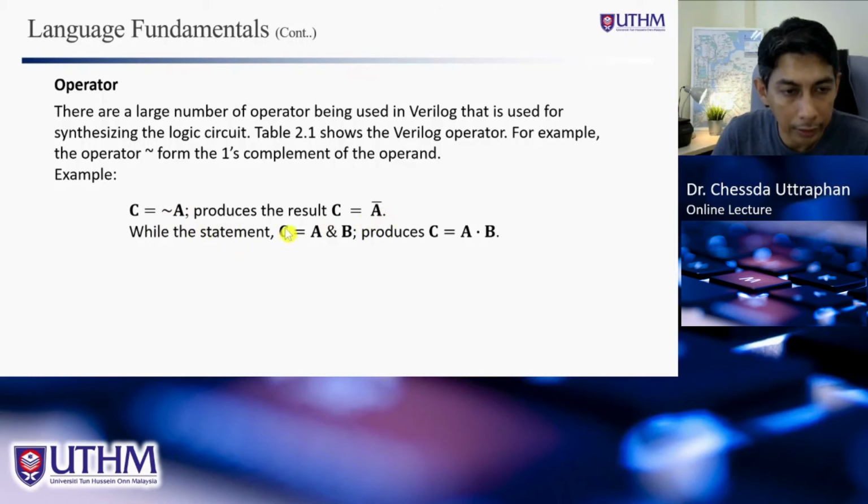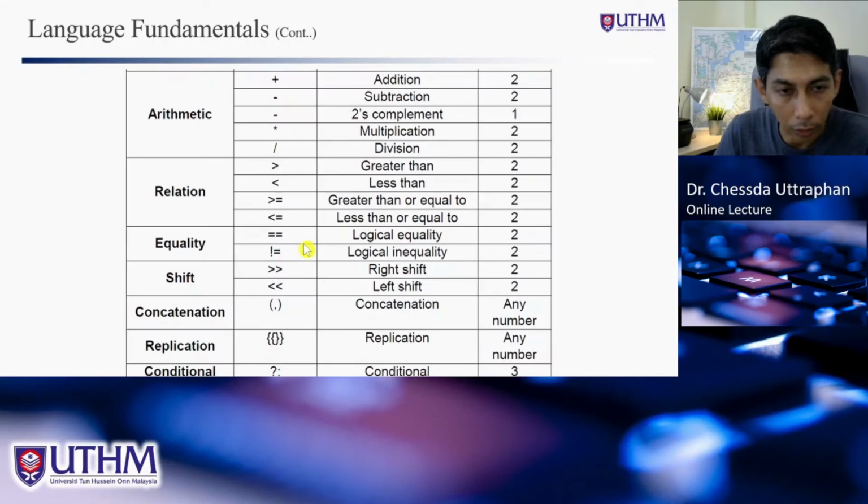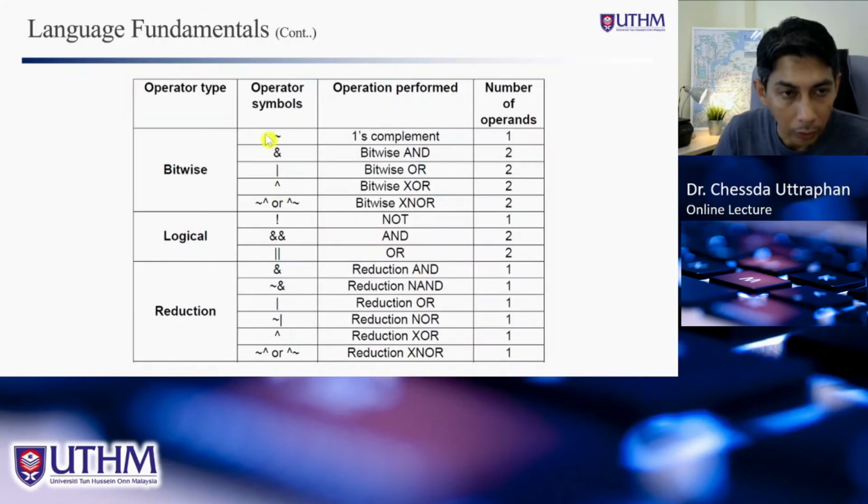And if we write C equal to A, the and symbol, and B, this means that C is equal to A and B, right? So these are all the operators that we will use a lot in our program, our code later on. All right, so you can always refer back to this, or you can get it from the internet. There are many.